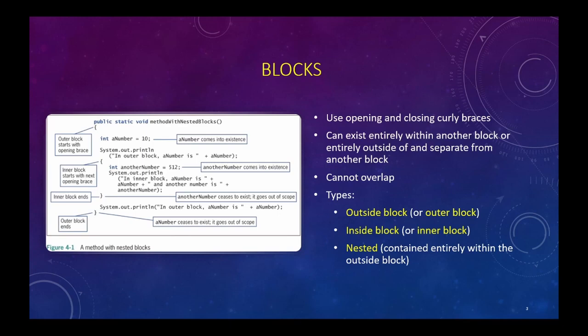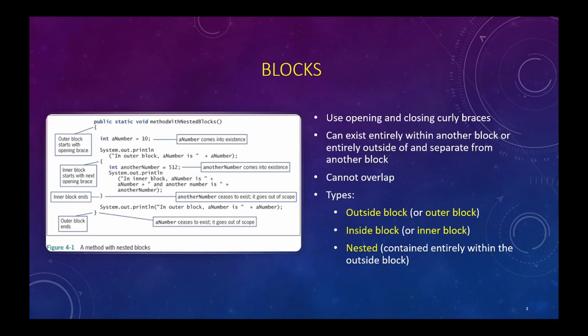So think of that class block with all the other blocks inside, okay? The inside block or inner block is going to be any of the sets of brackets that are the first indent in when we program. If we're looking at that class block, all those methods that we wrote, including the main, would be considered inside blocks. We say that these inner blocks are nested inside that outer block. They're contained completely within that outer block.